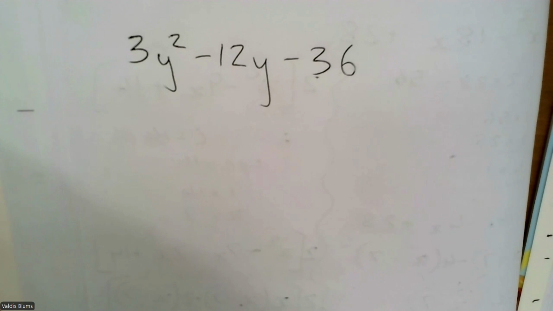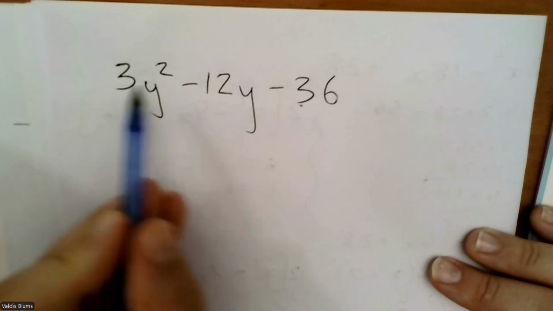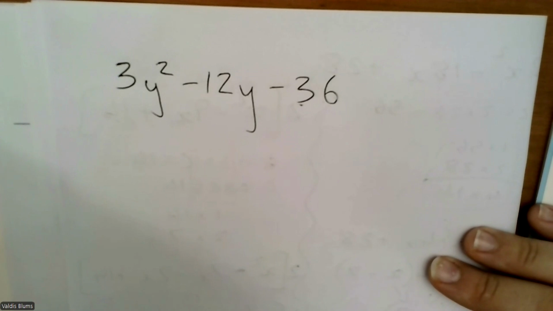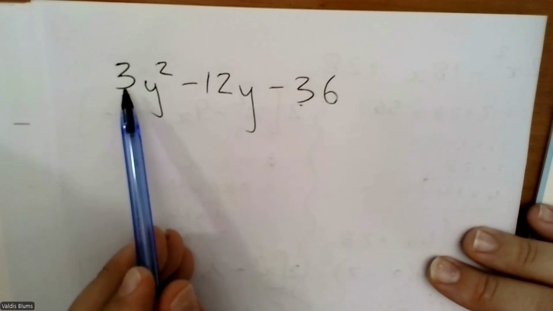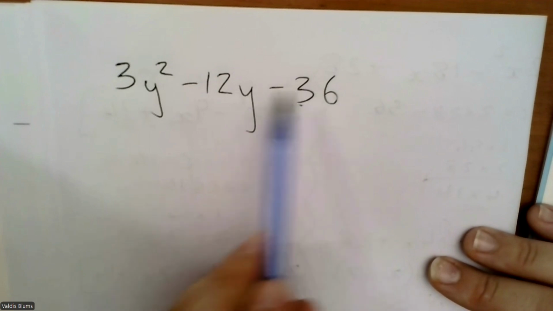Okay, hopefully you had paused the video and given it a go. So we could either go A times C and find that middle term that we're then looking for the factors of. But we can see also that we have 3, which is common to each one of these terms.